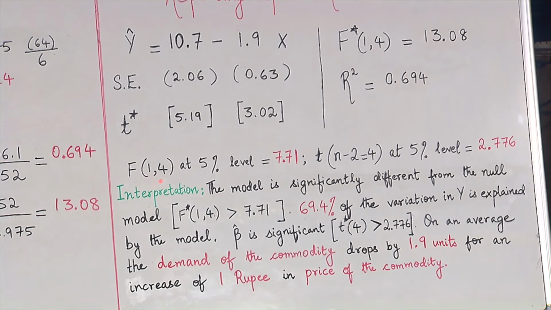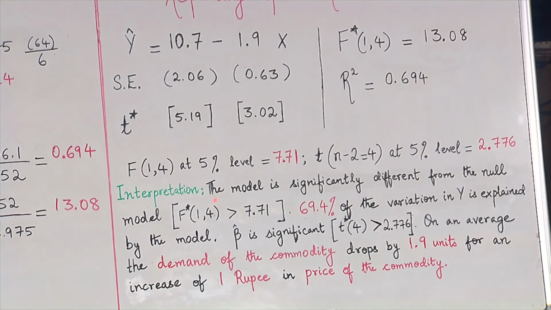F at 1,4 degrees of freedom at 5% level of significance is equal to 7.71. T with 4 degrees of freedom at 5% level of significance is equal to 2.776. These values are obtained from the statistical tables that we have already discussed in previous sessions.